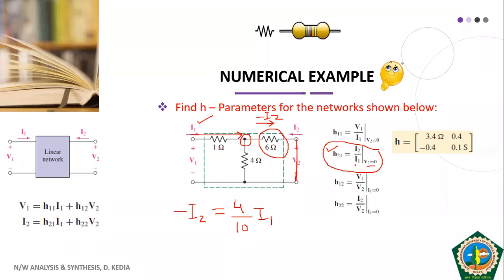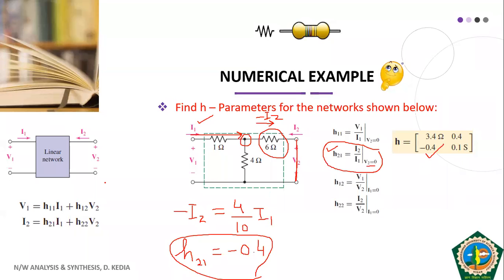What we want is the ratio of I2 upon I1, that is your H21. Minus sign you can take towards the right hand side. So H21 will come out to be 0.4, and there will be no unit because it is a current gain. So H21 is minus 0.4. This is what you have got here. I think this is clear to all of you.